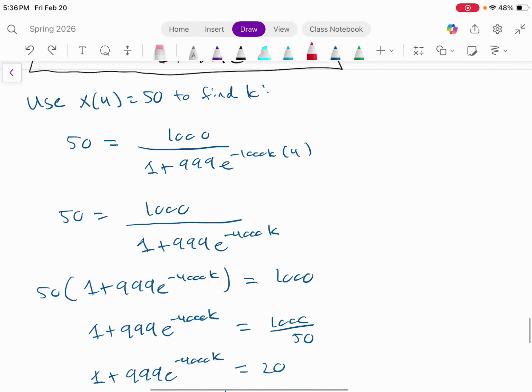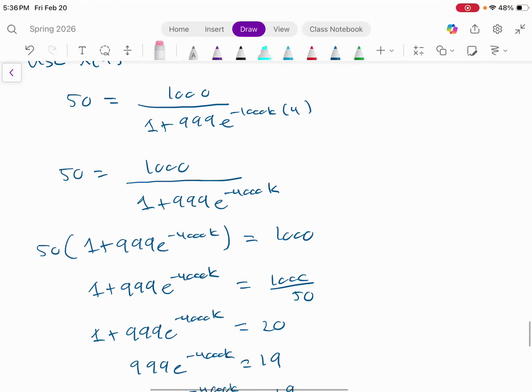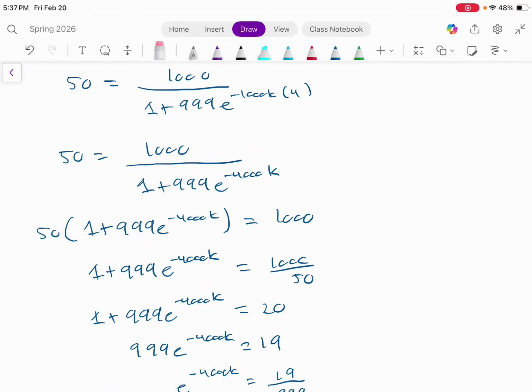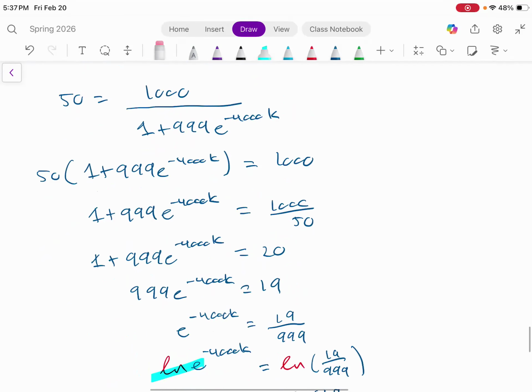So what we did was combine negative 1,000 times 4, so negative 4,000. And then we just started trying to solve for K. So what we did was multiply both sides by 1 plus 999 e to the negative 4,000 K. And so we then divided both sides by 50.